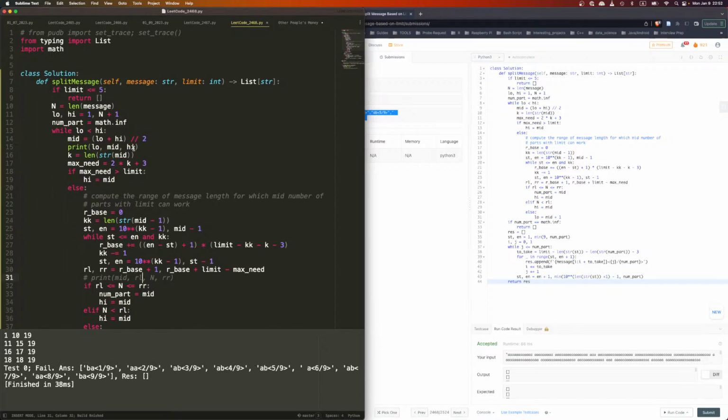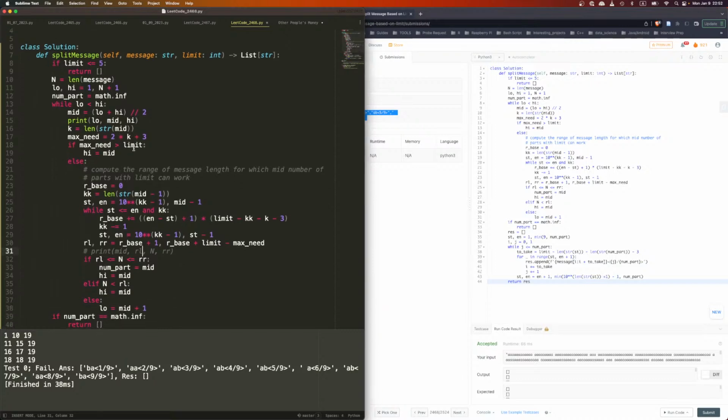One, 10, 19. And then immediately bring it to 11. That would never work. How? 1, 10, 19. No, 1, 19.